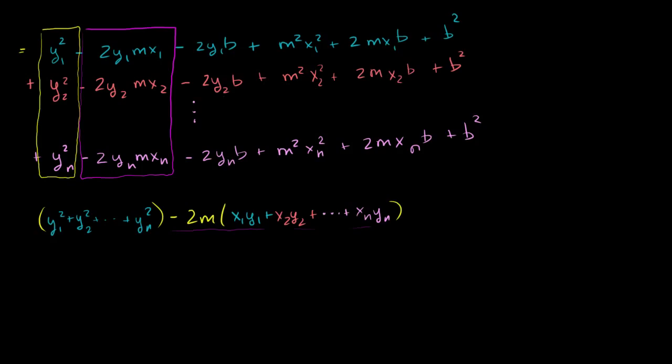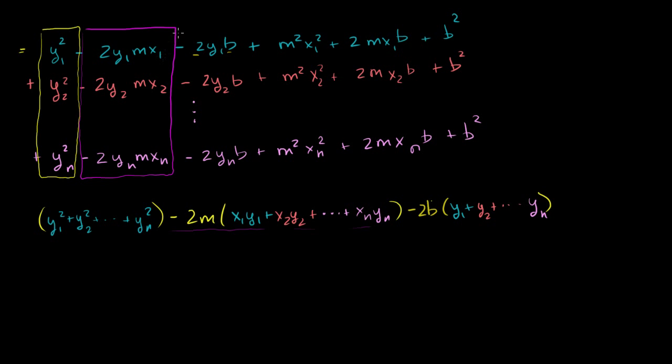And you see again, we can factor out here a minus 2b out of all of these terms. So we have minus 2b times y1 plus y2 plus all the way to yn.